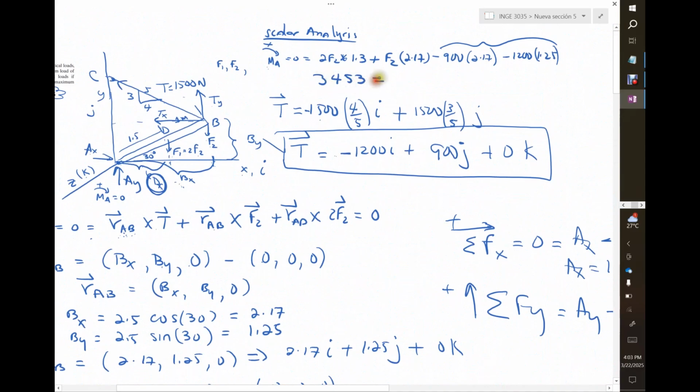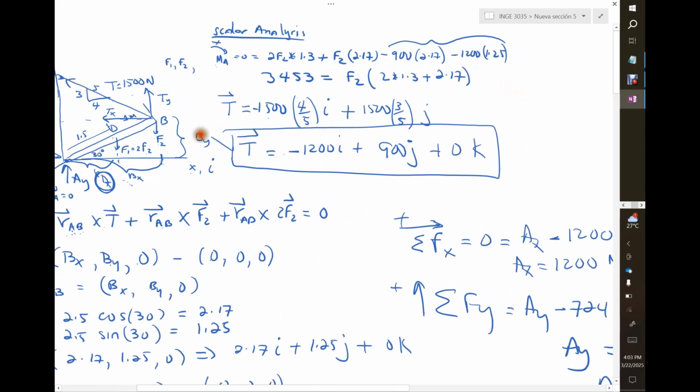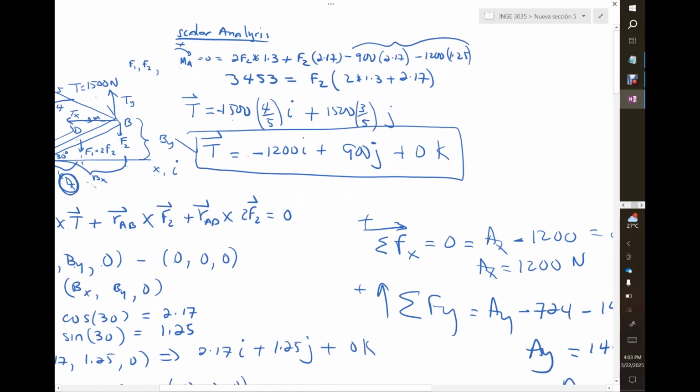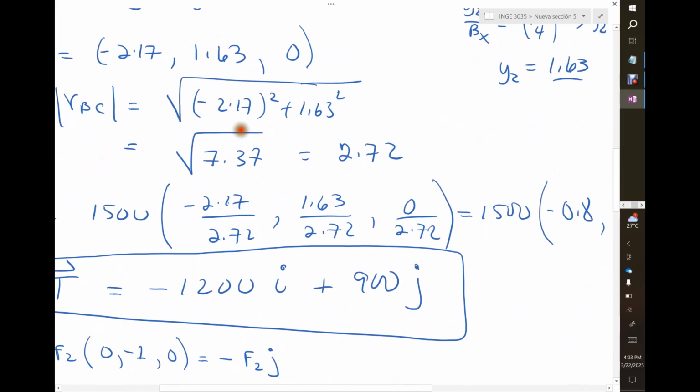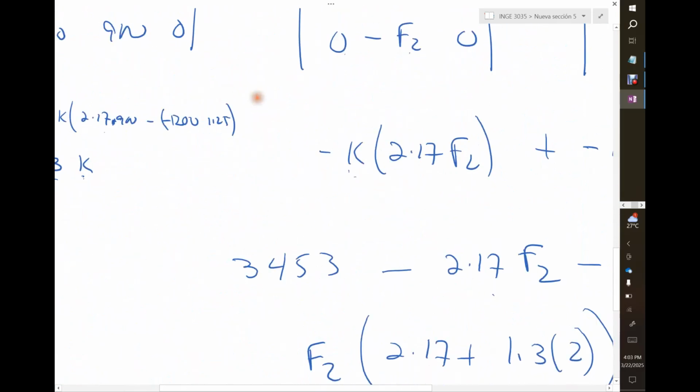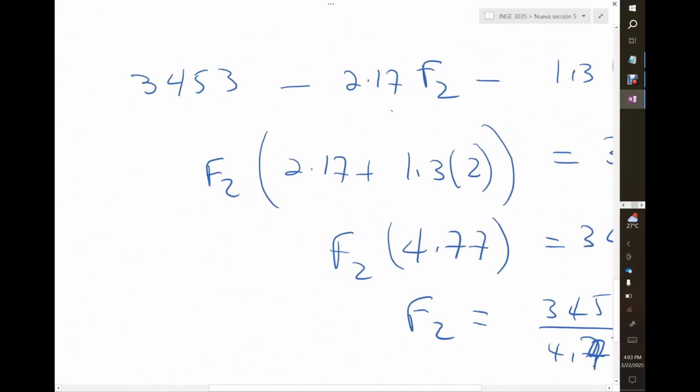3,453 equals, then F2 is a factor here, and you end up with 2 times 1.3 plus 2.17. When you add those two, F2 is equal to 3,453 divided by the sum of these two, which we saw already in the cross product: 2.17 plus 1.3 times 2.